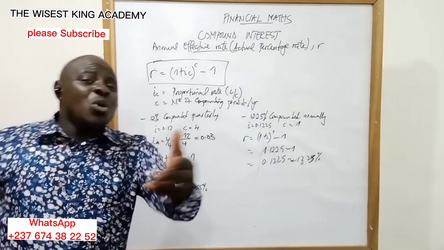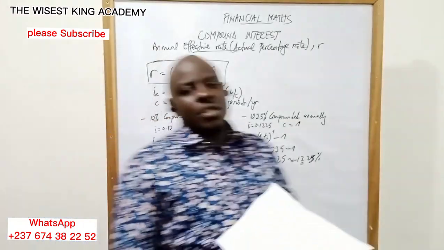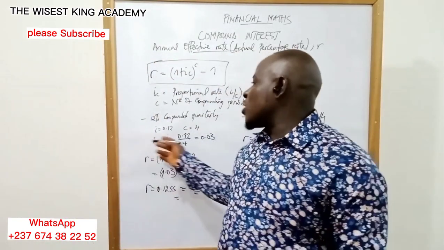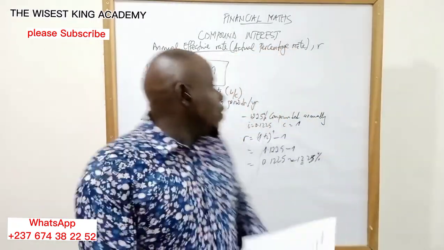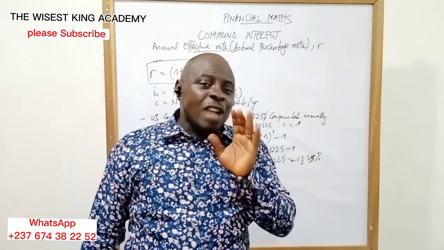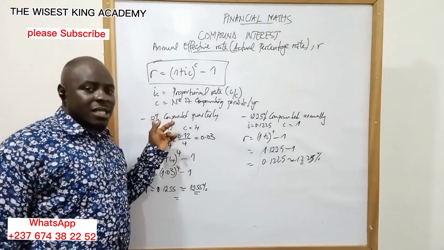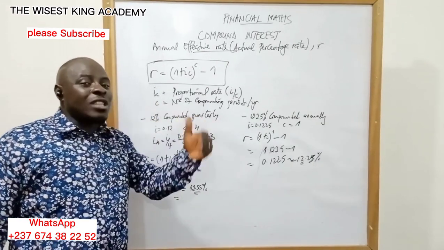So if you go to the bank and you are told you have two options: either we give you 12% compounded quarterly, or we give you 12.25% compounded annually. Although the 12% is the annual rate, interest is calculated 4 times per year.